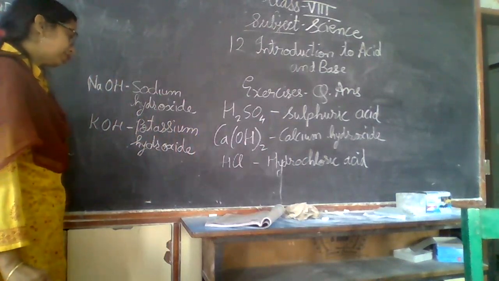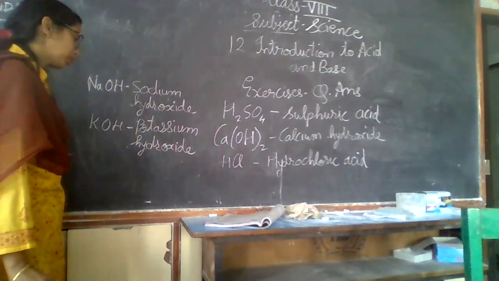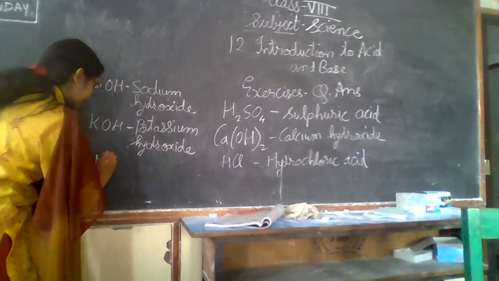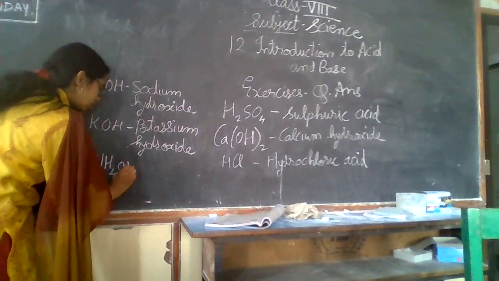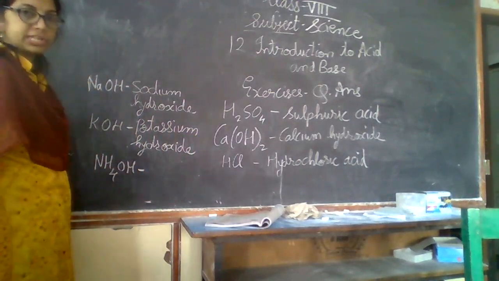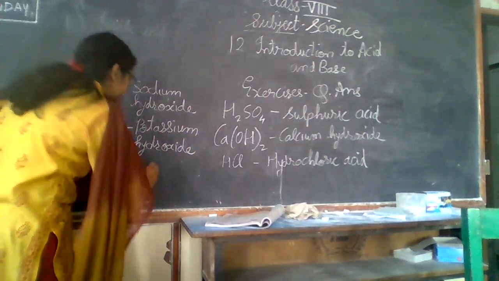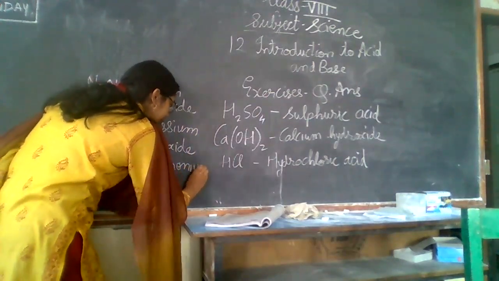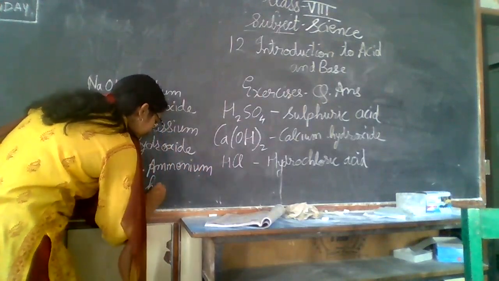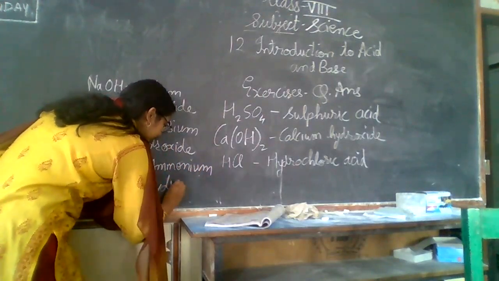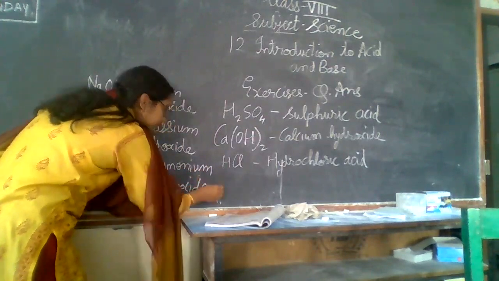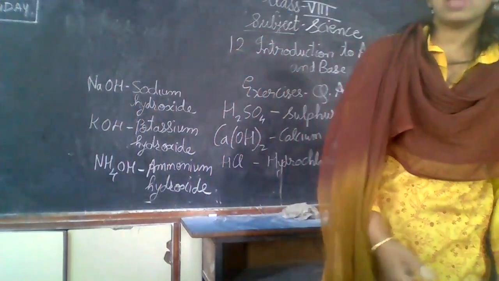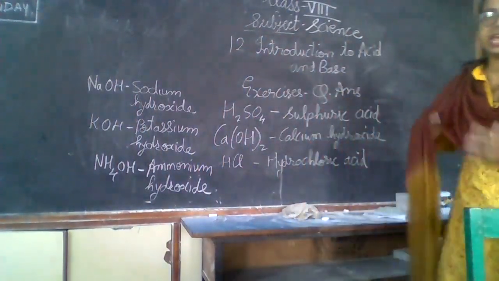Next chemical formula given to you is NH4OH. NH4 is ammonium, so ammonium hydroxide. These are the formulas for which you have to write down their names.